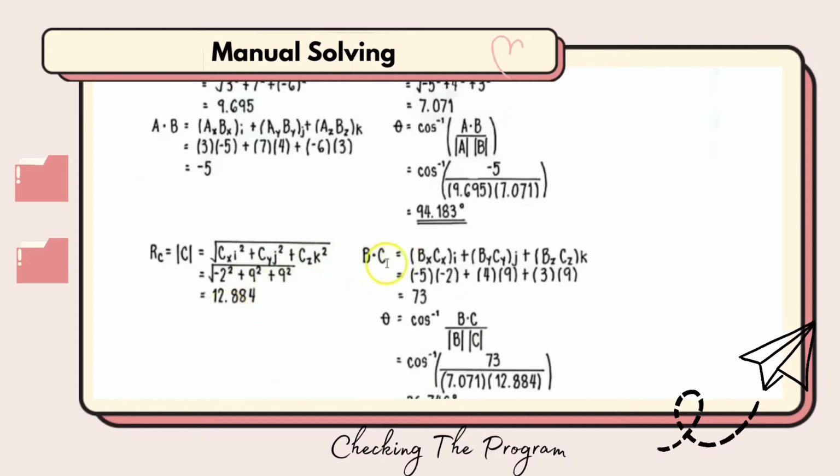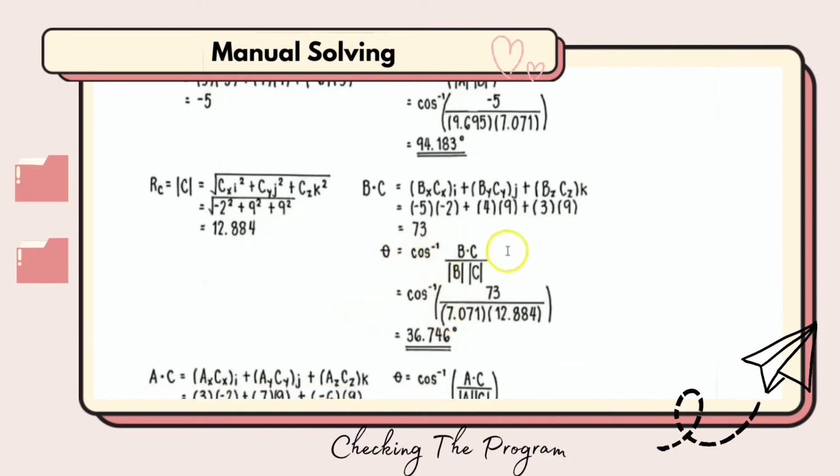After getting the magnitude of vector C, we multiply the two vectors as we did before. Substitute into the formula, and you'll get 73. Since you already multiplied the two vectors, we can now get the angle. Same process, substitute into the formula, and you get 36.746 degrees.